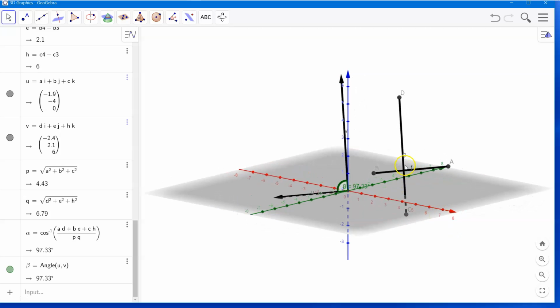You have one angle with its vertically opposite angle, and the second pair of vertically opposite angles. That would be 180 minus 97.33, the supplementary angle. So that is the angle between two lines in 3 dimensions.